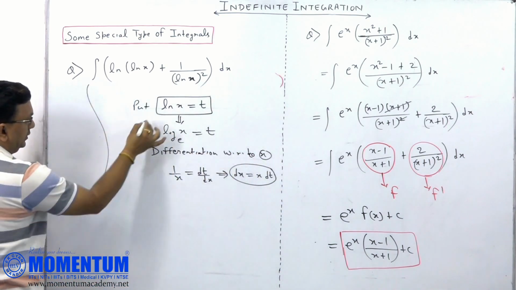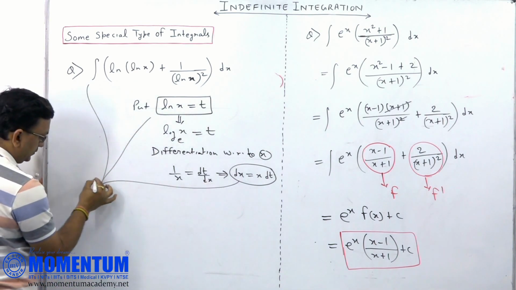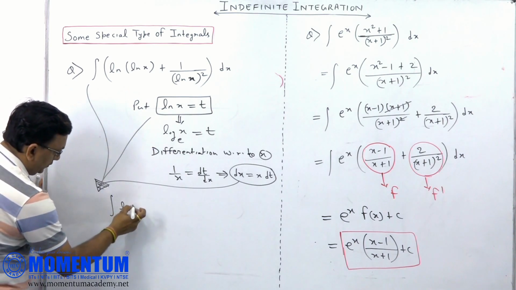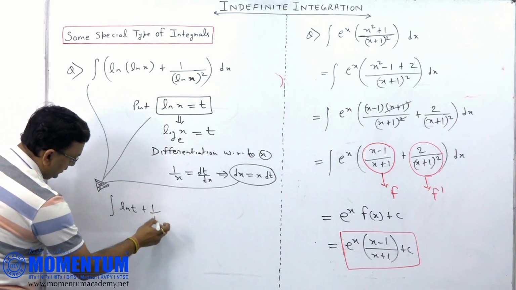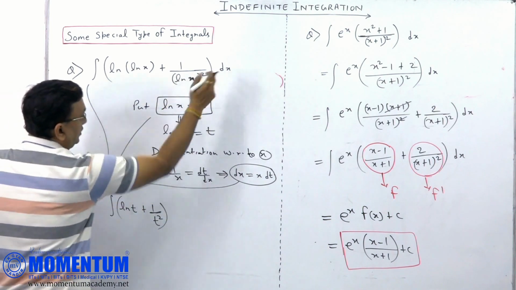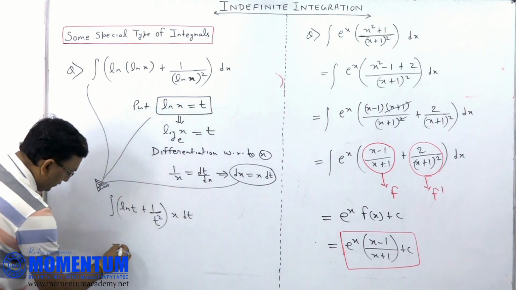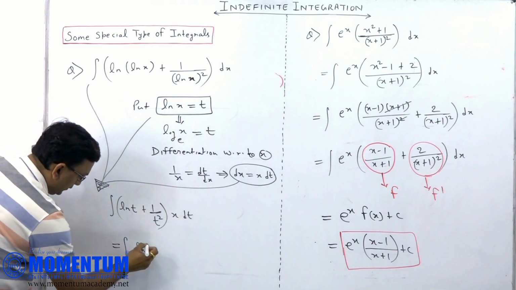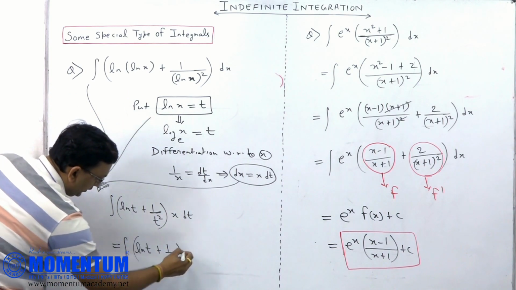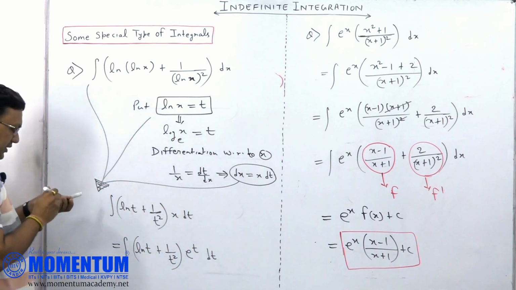Now in this integral, substitute and put the value of dx. Integration of ln t plus 1 upon t square, in place of dx, x dt, which can be written as ln t plus 1 upon t square into e to the power t dt. Yes, how did this come?